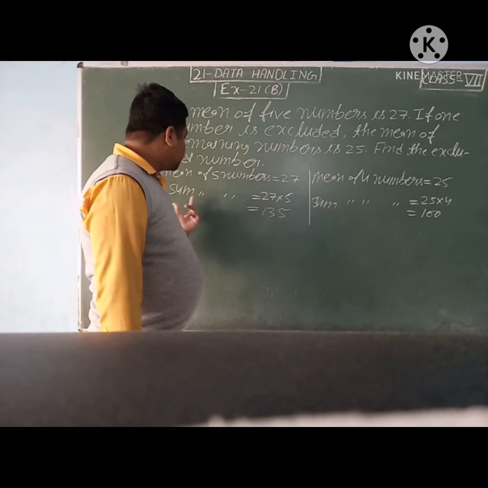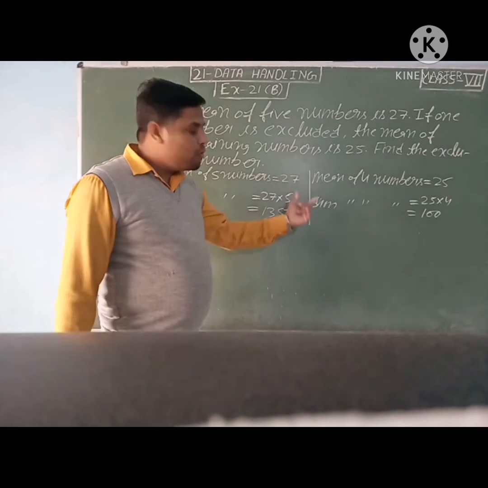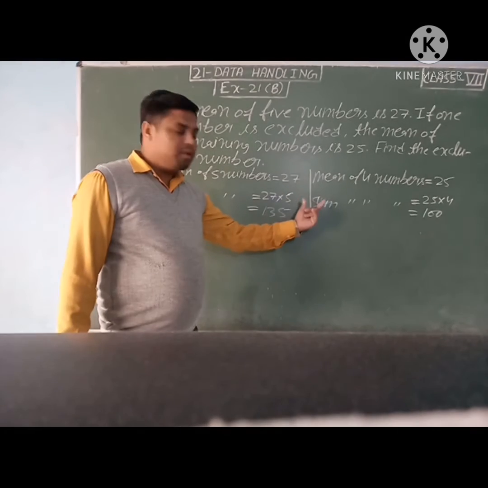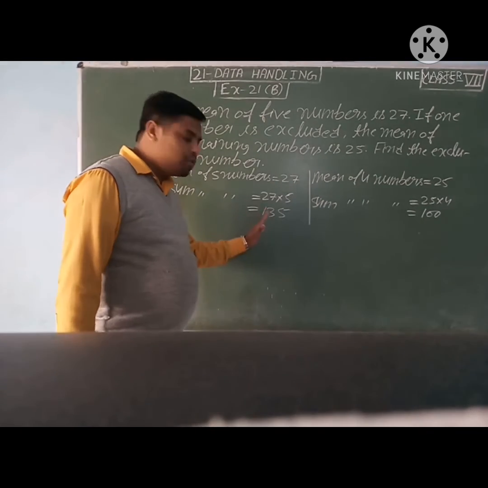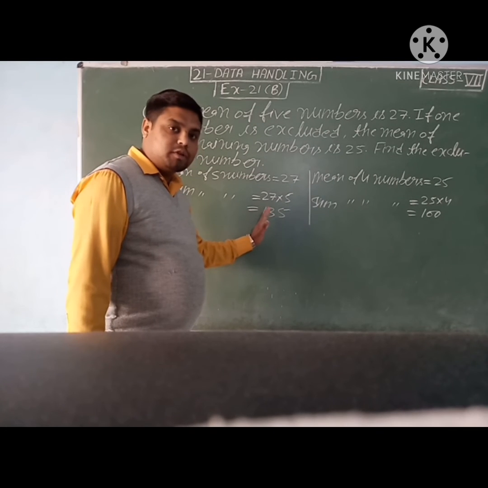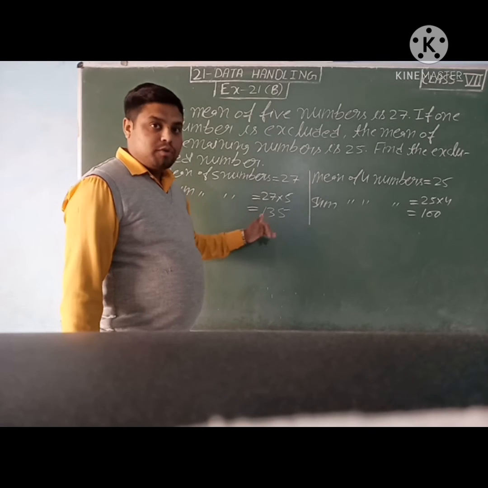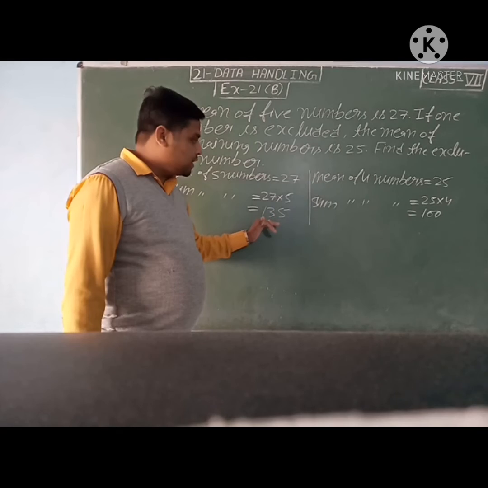So students, sum of 5 numbers is coming 135 and sum of 4 numbers out of 5 is coming 100. It means which number is included in one sum but not the other? The fifth number, the excluded number. Clear? The excluded number is in this 135.